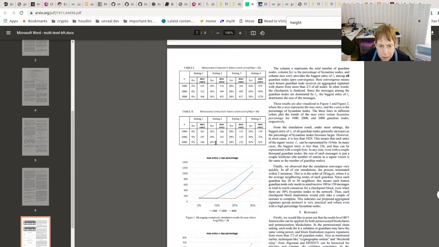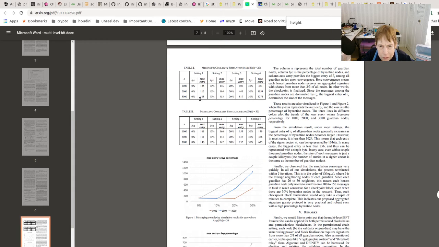Let's see, max entry. Well, that's interesting. So max entry in setting 4, you could take a look at it. It looks like it depends on the number of neighbor nodes. So that's what the different charts are: 20 neighbors, 30 neighbors, and this is for 20 neighbors.